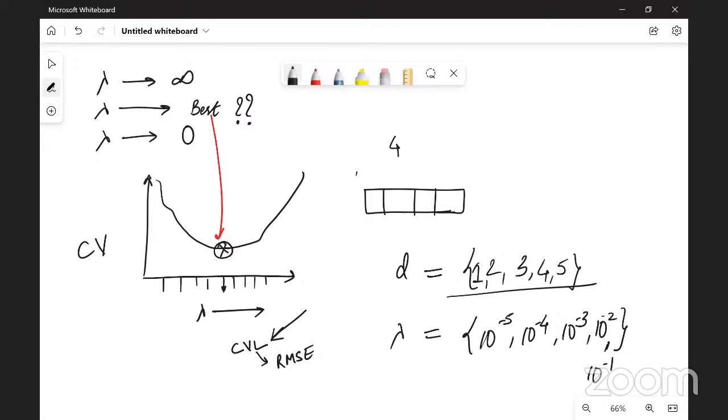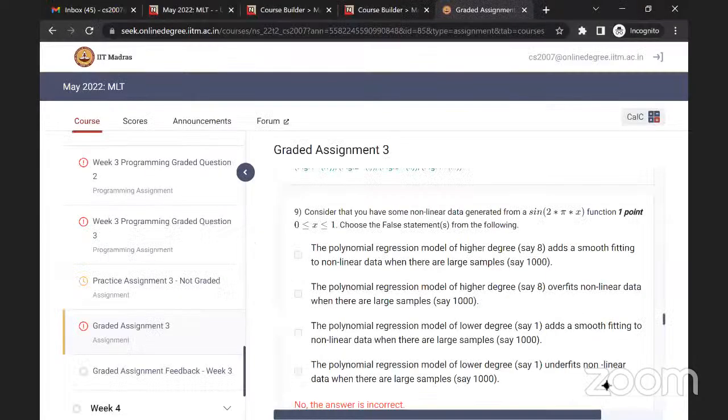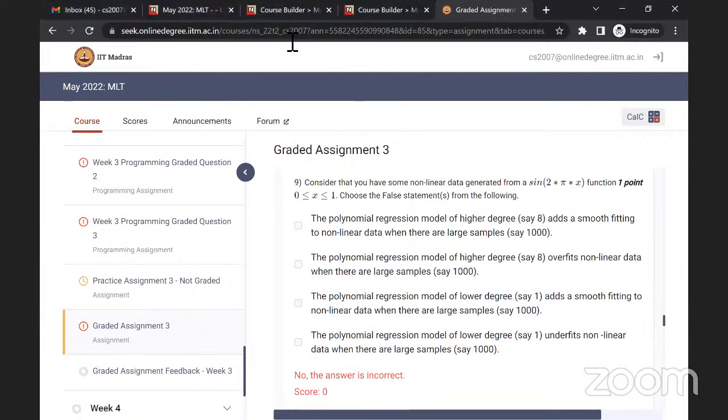Where this type of question comes, you can take question number 9 first. That is also the same function, sine 2 pi x. Okay, I'm going to share my screen. Okay, so this is how it looks. Consider that you have some nonlinear data generated from a sine pi x function.